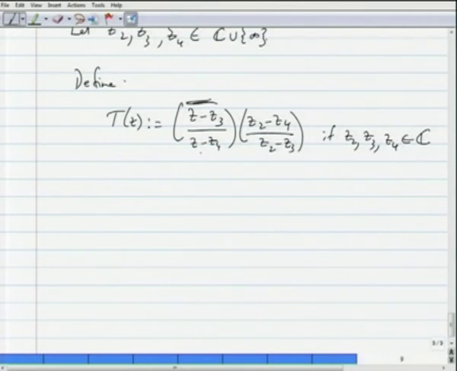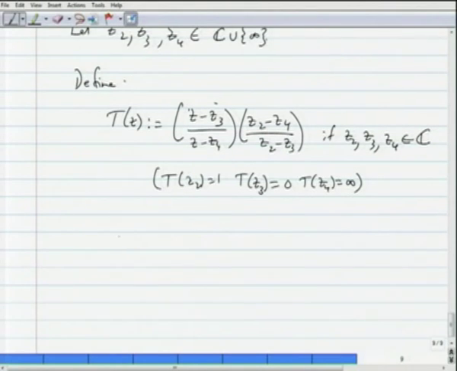So, you get infinity, and when you substitute Z 2, there is a cancelling factor, the second one cancels with the first factor to give you 1. So, what this definition does is T of Z 2 is 1, T of Z 3 is 0 and T of Z 4 is infinity.